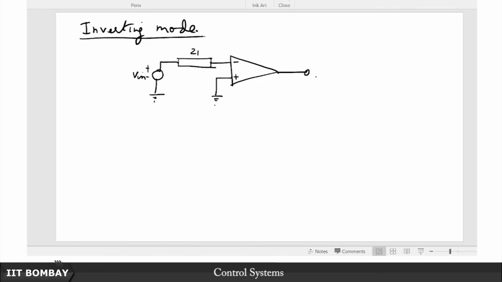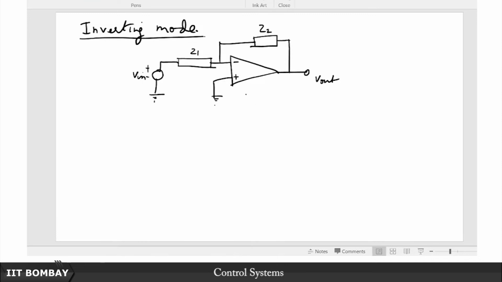This is your output. And here in the feedback path, we have another impedance Z2. So now how does this work?